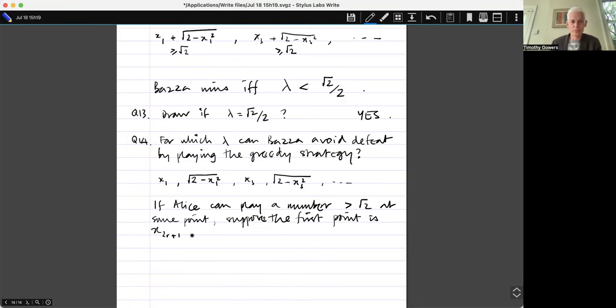So the first moment at which Alice is in a position to play a number greater than √2 is x 2r plus 1.